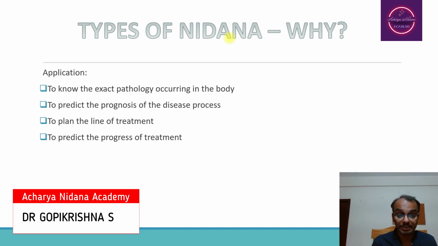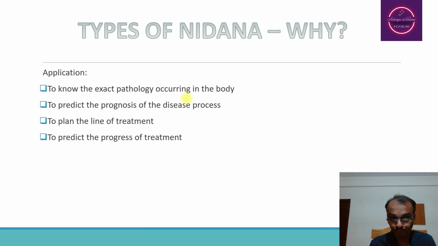What is its significance, where can we apply these particular aspects? One is to know the exact pathology occurring in the body. For example, if the person is taking Shita Rasa or Shita Ahara Sevana, the initial impact will be observed in the mouth, esophagus, stomach, small intestine or large intestine.